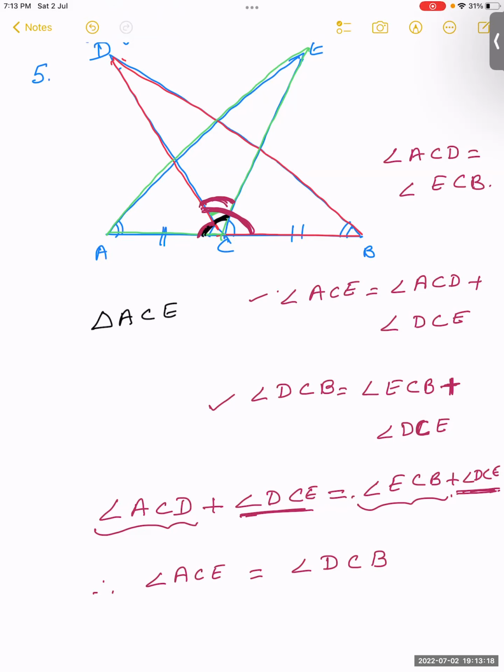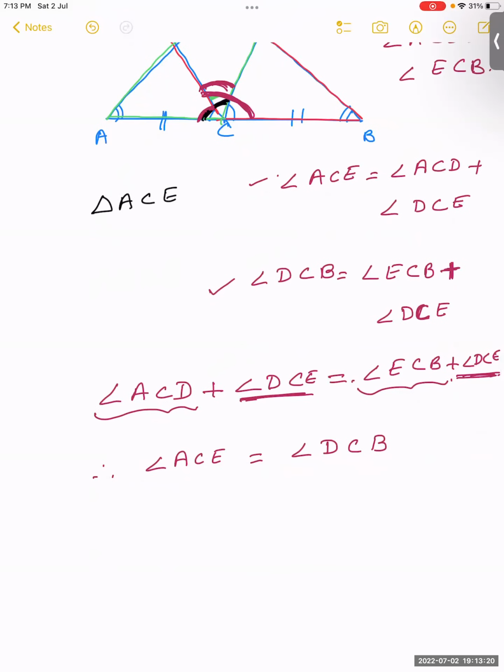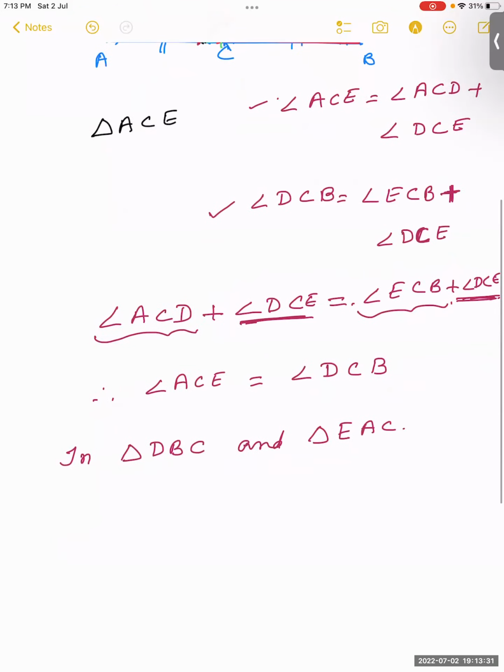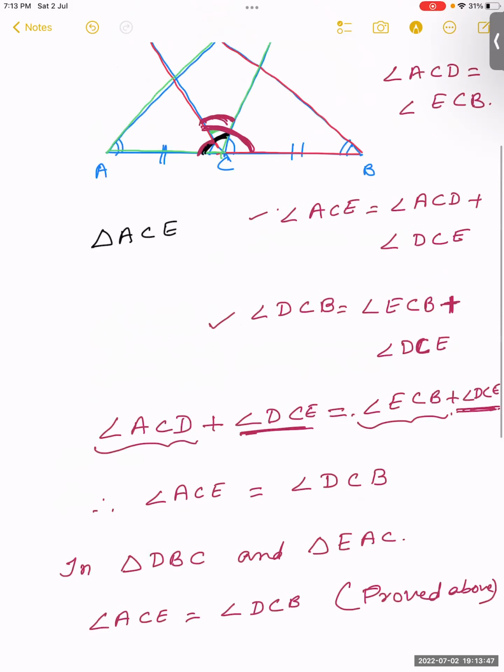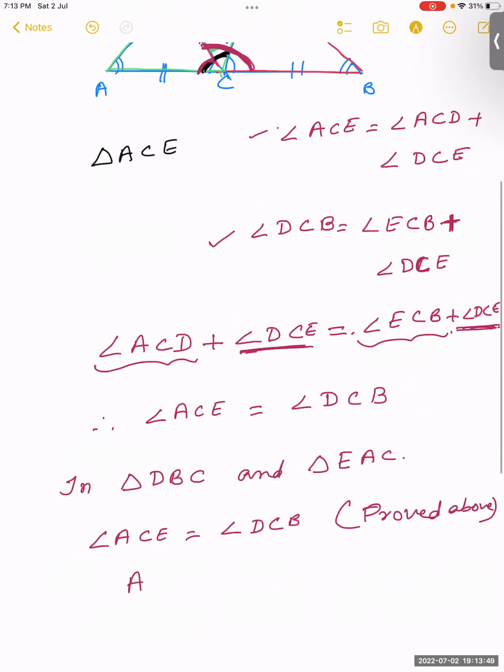So what I'm going to do now is take from the question, in triangle DBC and triangle EAC. We have to write that angle ACE is equal to angle DCB. You will write "proved above" because we just did that. Then the other information is AC and BC are equal.